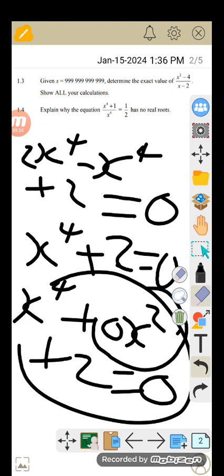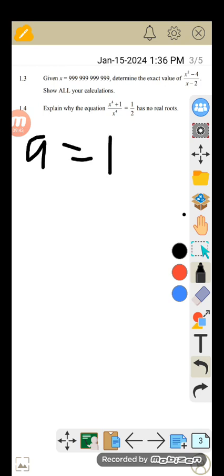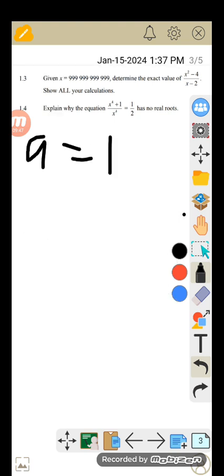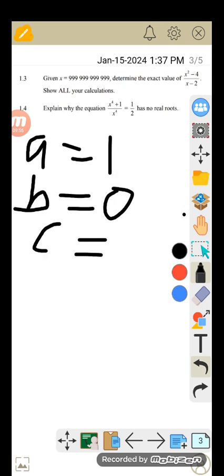We got our a. Our a is 1, and our b is 0, and our c is 2.